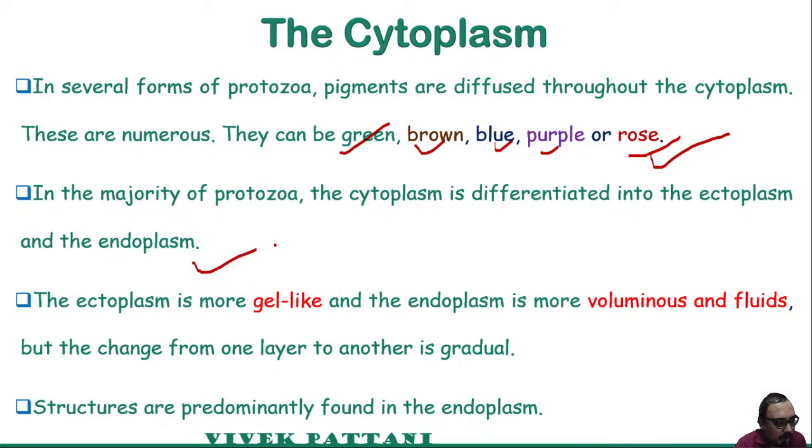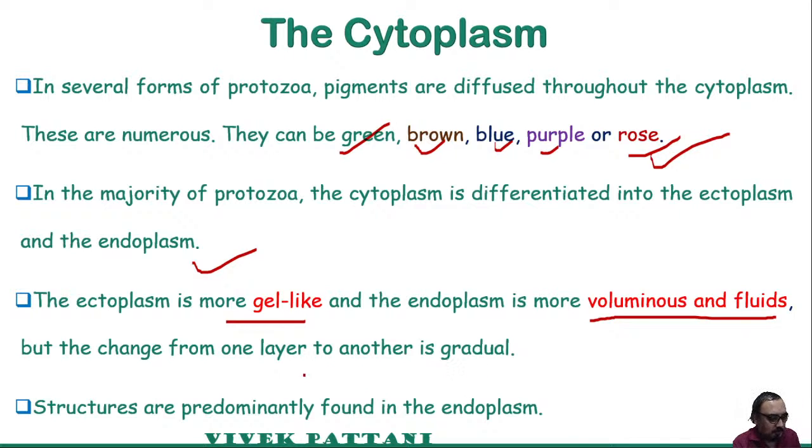Ectoplasm is more like a gel, and endoplasm is more voluminous and made up of fluids. But the change from one layer to the other is a gradual one.